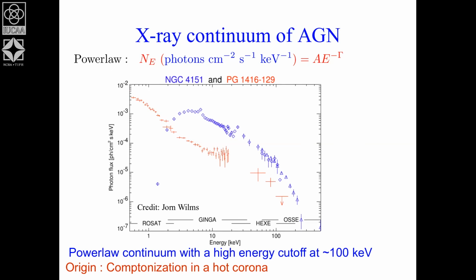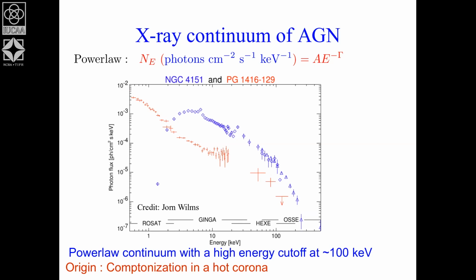And these are the observed data. For example, the one in red is the observed X-ray spectrum of this AGN called PG 1416-129. So this is roughly like a straight line, but there are certain departures. First of all, at high energies, about 100 keV or so, the spectrum cuts off. It does not continue as a straight line or a power law here. At lower energies, there is some kind of excess emission, which we call the soft excess emission.